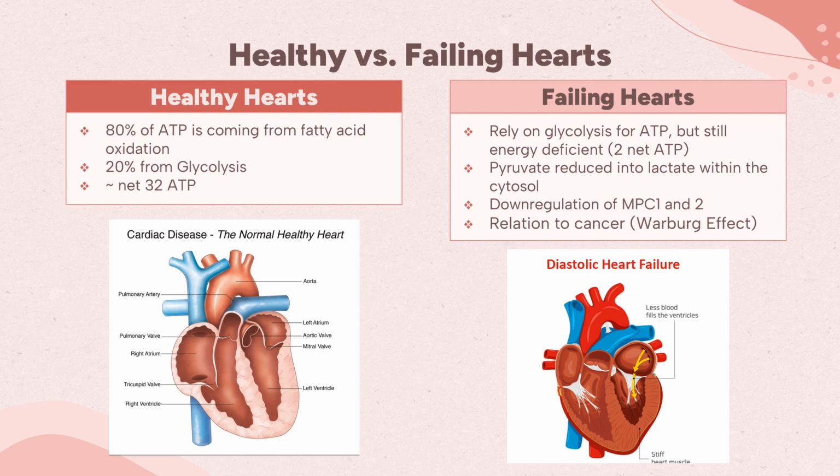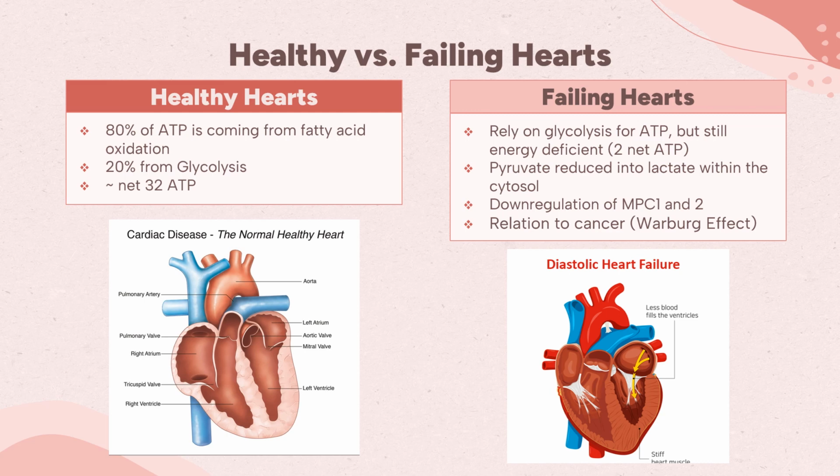And as you can see, there's no remodeling, it's just a healthy heart with plenty of movement throughout its arteries and ventricles. Then we can look at the heart that is failing. This heart is going to rely a lot on glycolysis for ATP, and as we know, glycolysis really only has about 2 net ATP, so it is going to be energy deficient.